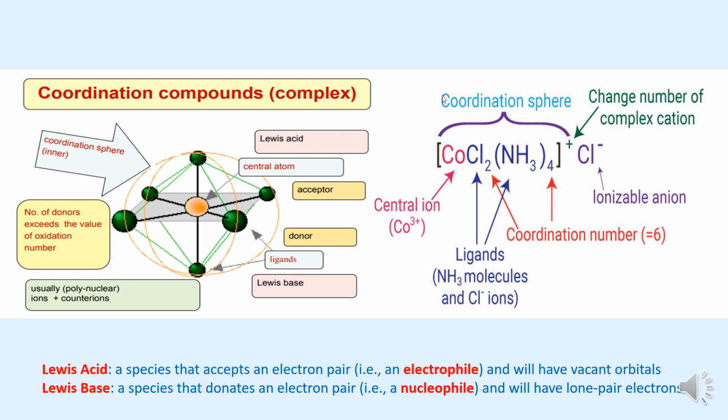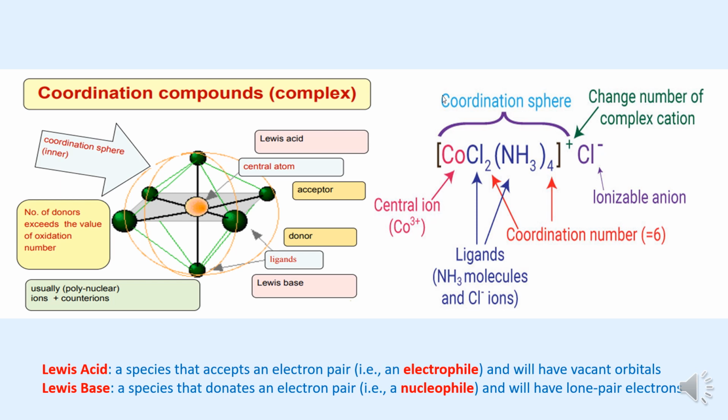As explained here, we have a cobalt ion, the central metal ion, Lewis acid, and we have 2 types of ligands, chlorine and ammonia. These are Lewis bases, with lone pairs of electrons.